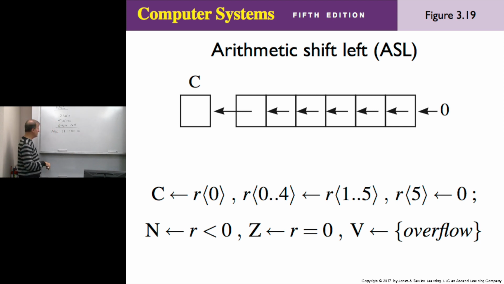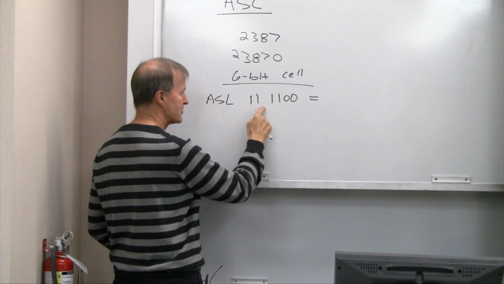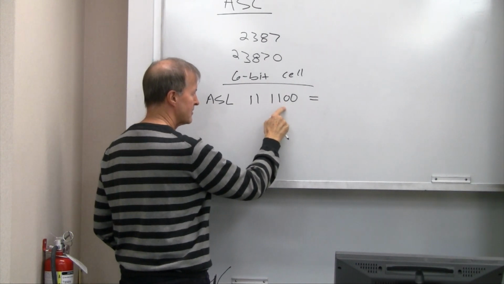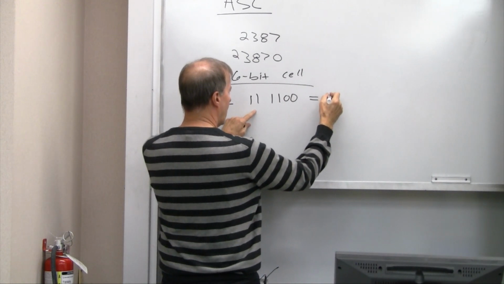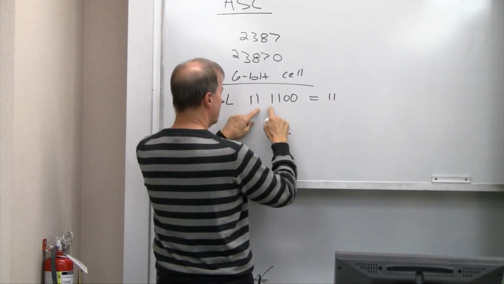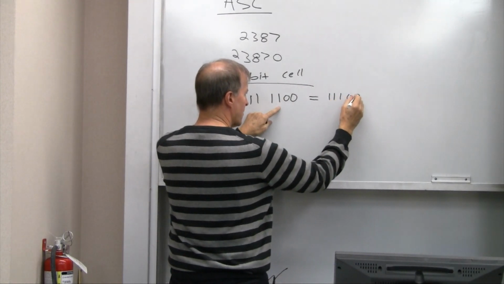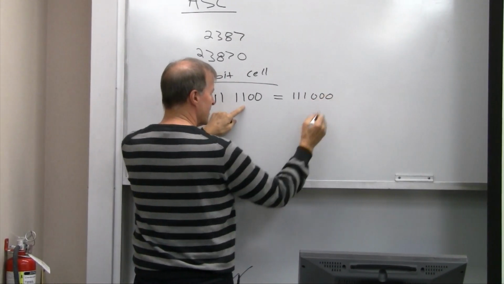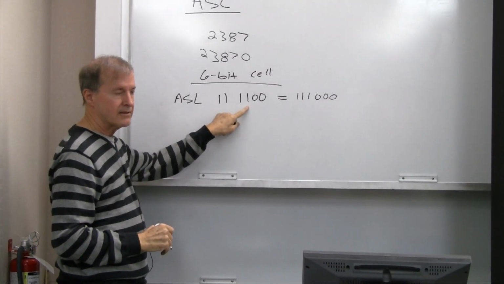Okay, so now if we do an arithmetic shift left here, what happens? This one goes into the C bit, this one goes here, this one goes here, and so what do we have here? 1 1 1 0 0 0, and then the 0 that got shifted in, right? Did I write that down right?